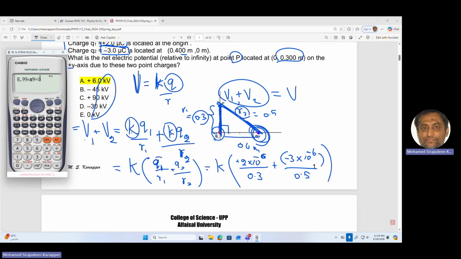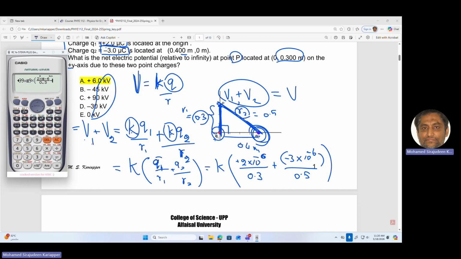Multiply, bracket, use the fraction. 2 times 10 to the power minus 6. Bring it down, 0.3. Now, this is minus here, right? I can bring it and call it subtraction.